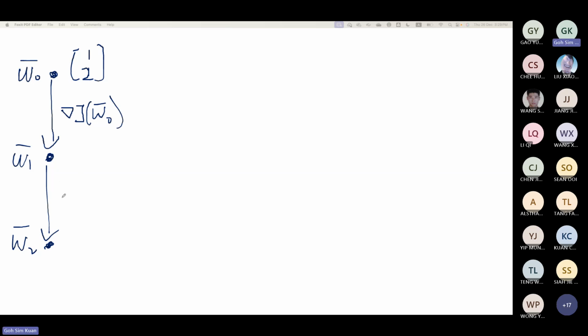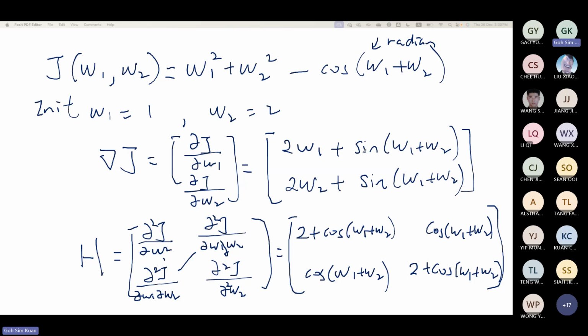To actually perform the second gradient descent update, we require the gradient J from W1. So what we really need to do is to substitute this 1, 2 back to this. You simply throw in the values of W1 equals 1 and W2 equals 2 into the expression.